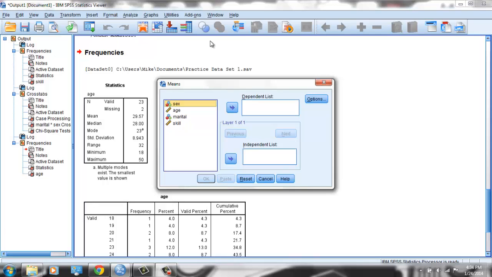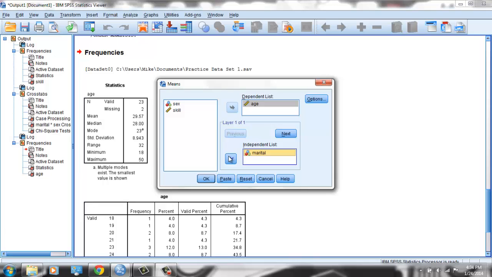What we're going to do is put age in the dependent list, and marital status in the independent list. Now, why do they go there? SPSS isn't really too much of a stickler on textbook definitions of what is and isn't an independent variable. The best way to remember this is whenever I ask for an independent variable like this, think of grouping variable.